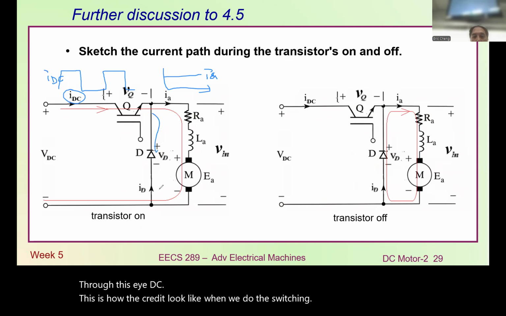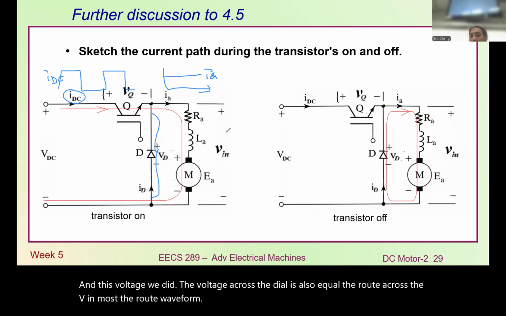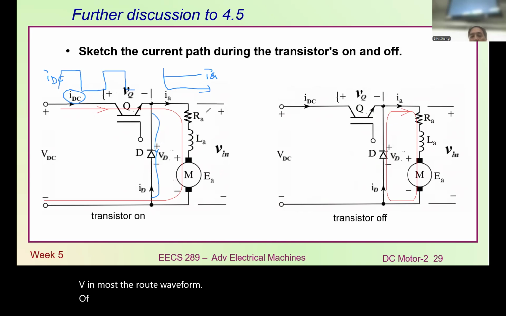And this voltage, VD, the voltage across the diode, also equals the voltage across the V in. What's the voltage waveform? Of course, when you turn on, the whole voltage is applied across here, so there's a VDC.